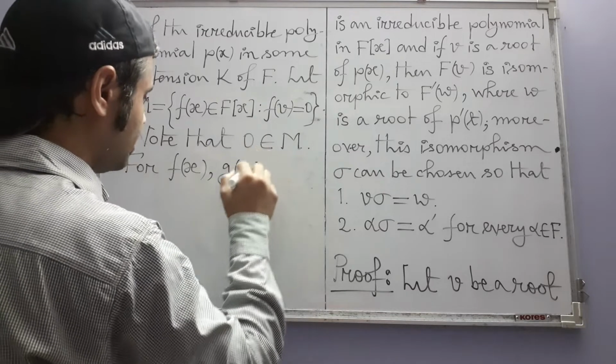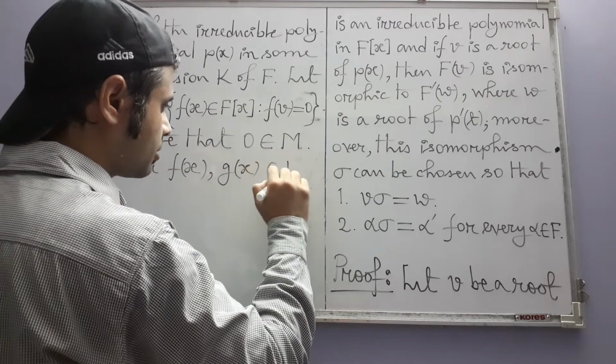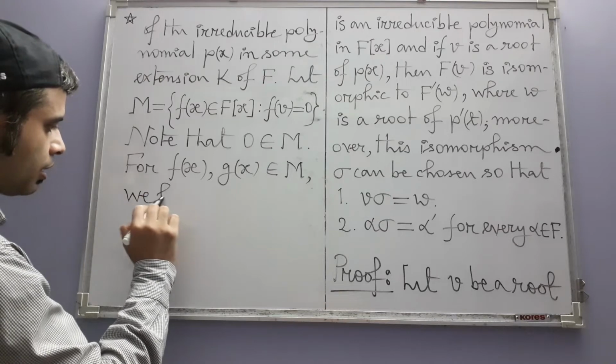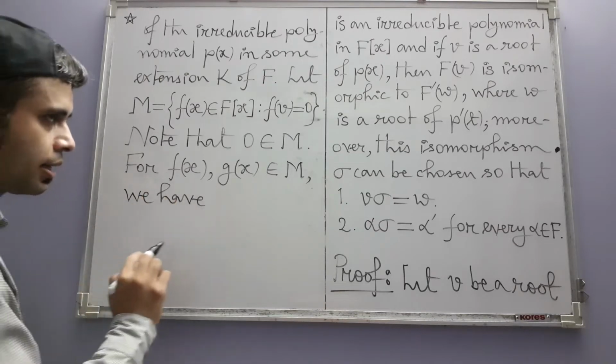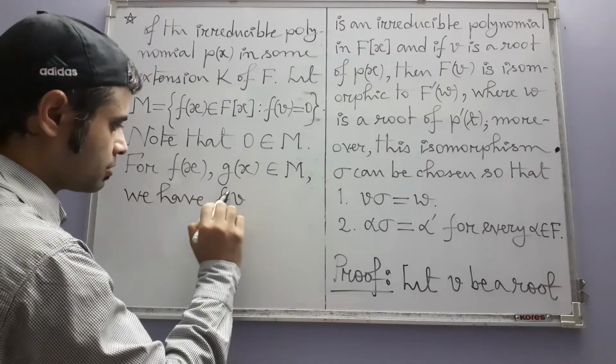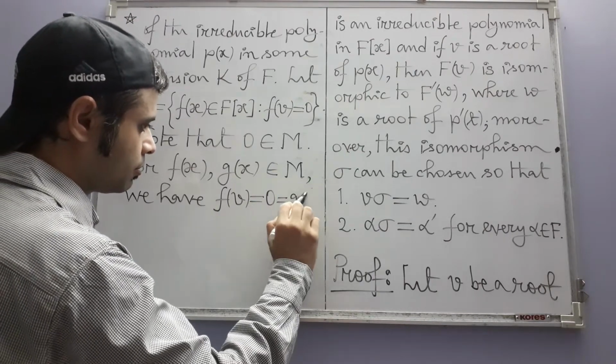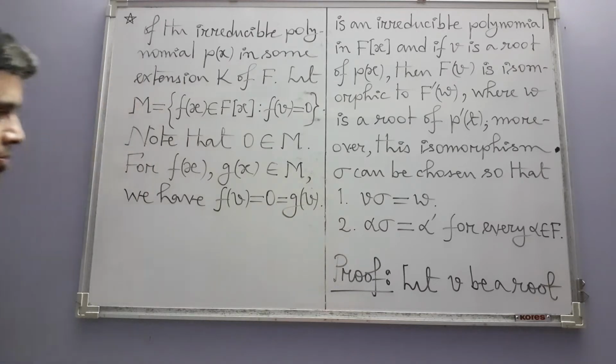So for f(x) and g(x) belonging to M, both of them will vanish at v.